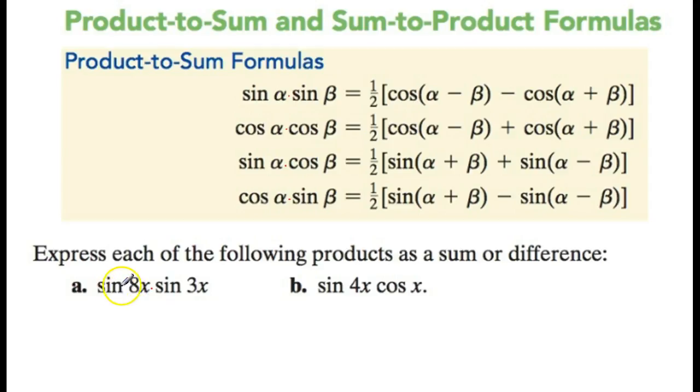So what you have to do to use this formula is just match up what you have. We have sine times sine, so that's going to be this top guy right here. And we just plug in what everything is. Alpha is the thing in the first one, beta is the thing in the second one. And typically you just make the first one the bigger, like the coefficient of alpha is bigger than beta.